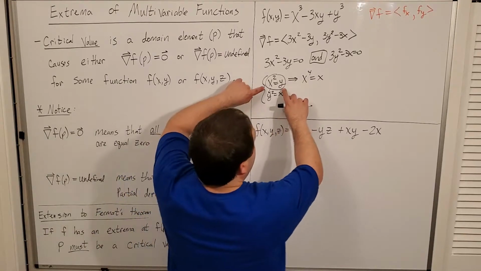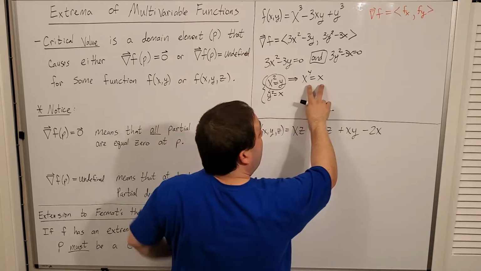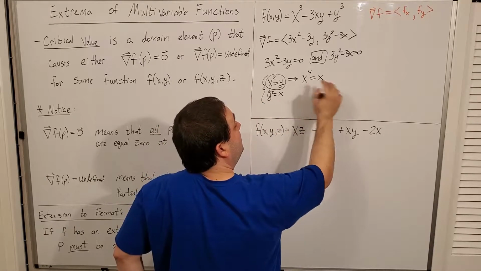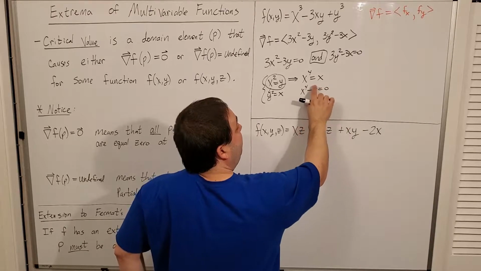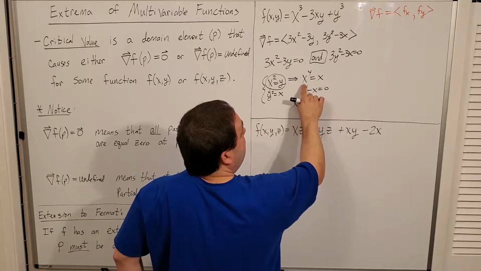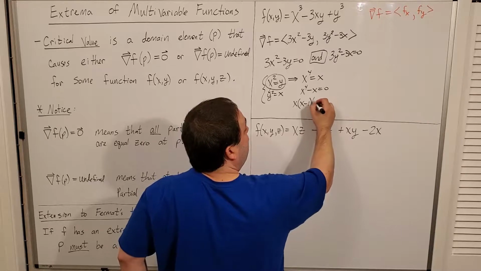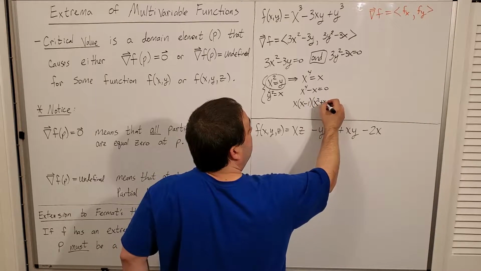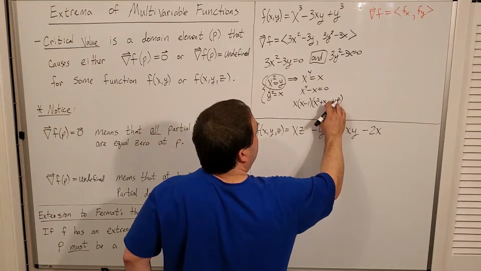So I substituted the top equation into the bottom one. Now they're working together, and I got this equation as a result. So I move it, and then I'm going to factor this out. If I factor out an x, notice I'm going to get x cubed minus 1, which I can factor as a difference of cubes.